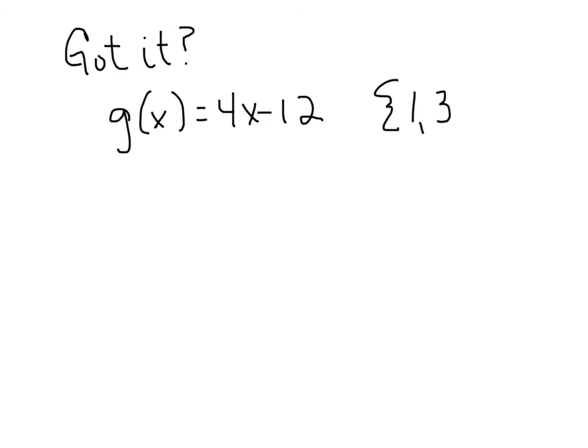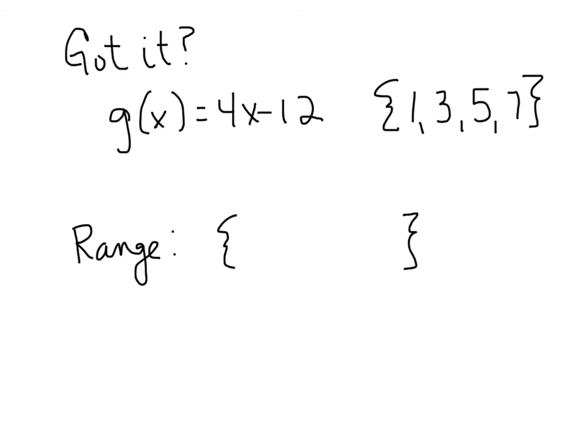Once again, super easy. The function g of x equals 4x minus 12, and the domain is the following numbers: 1, 3, 5, and 7. We want to know what the range is. Now this is incredibly easy, and you're like, wait a minute, I have no clue what you're doing. That's okay.